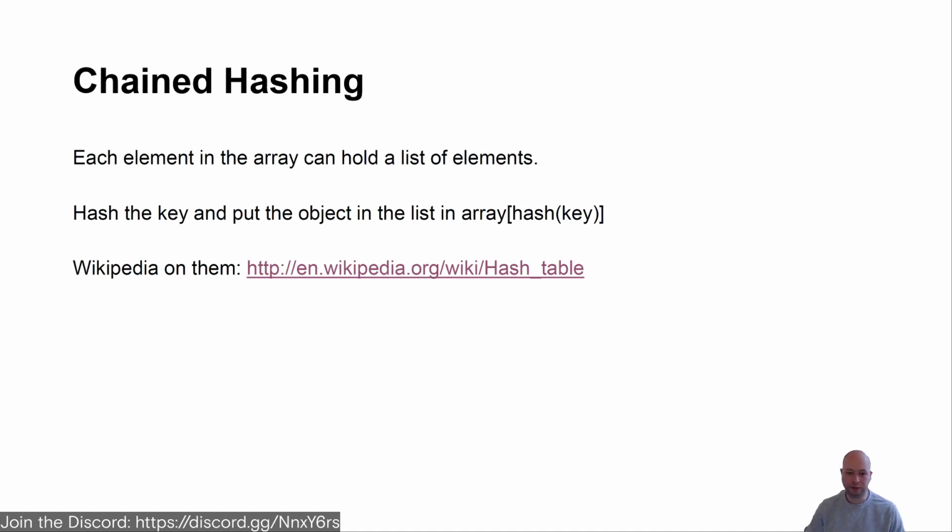Another way to do this, instead of dealing with any of that, is to treat the array as an array of arrays, or an array of lists, or an array of vectors, or whatever. This is actually a pretty common approach, especially if you can preempt this and say, we expect X number of entries in every one of these buckets.